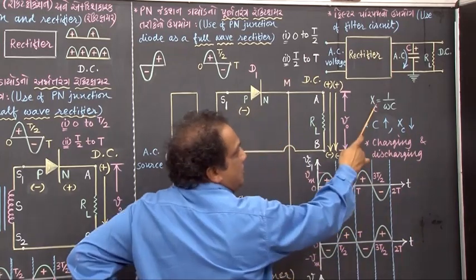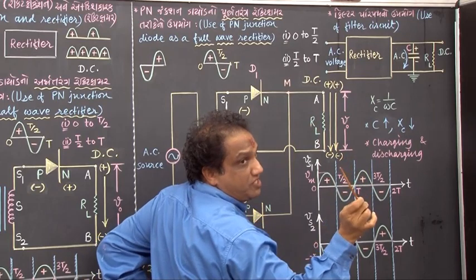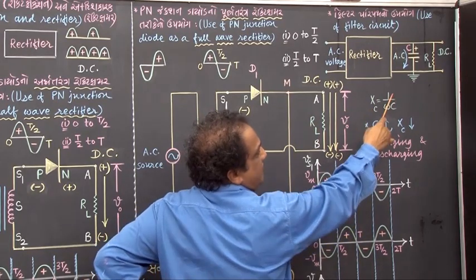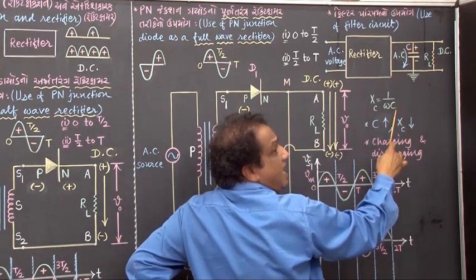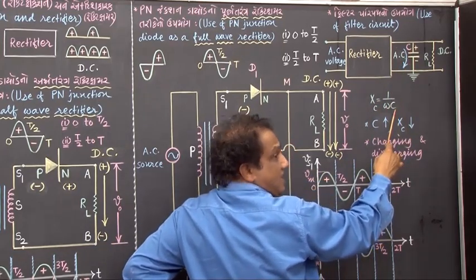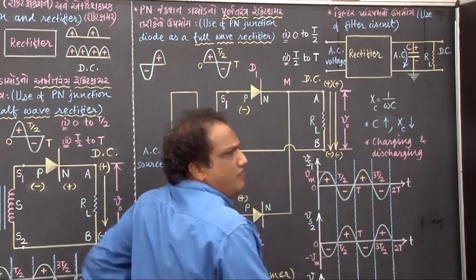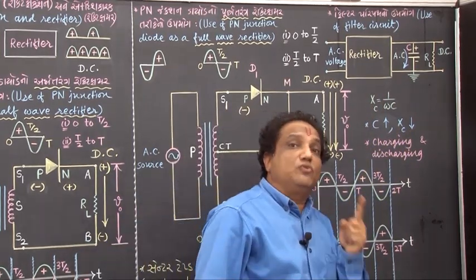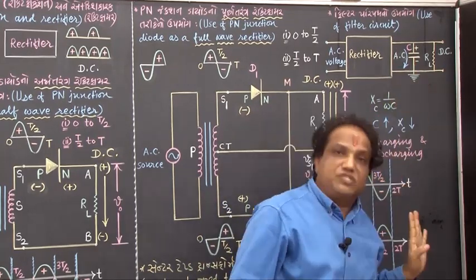Now see what happens. You know the formula for the magnitude of capacitive reactance. Magnitude of capacitive reactance is Xc equals 1 upon omega C. Now if you keep the capacitance value very large, naturally Xc will be very small. So very small resistance will be offered to the flow of AC through this capacitor during charging and discharging.